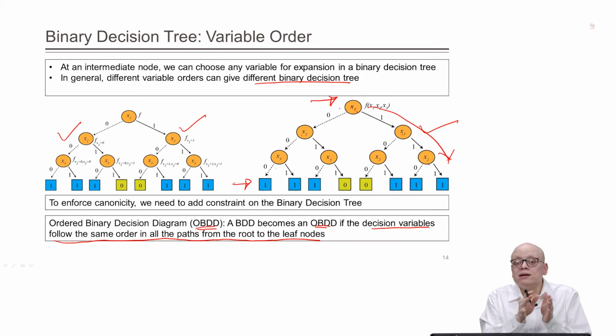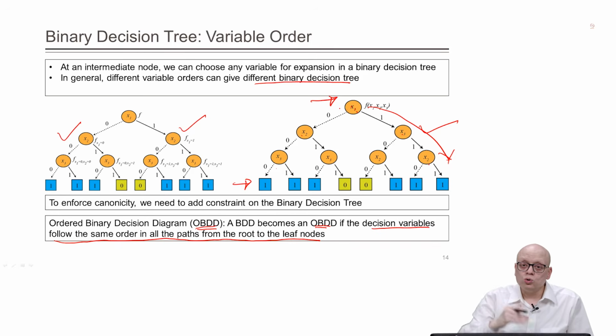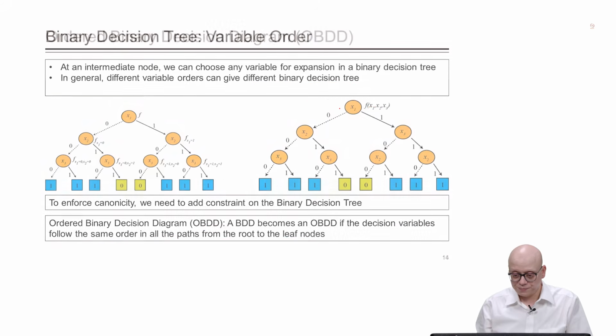Mind that some variables may be missing also, but if the variables appearing in a path always follow the same order, then we say that it is an ordered binary decision diagram.